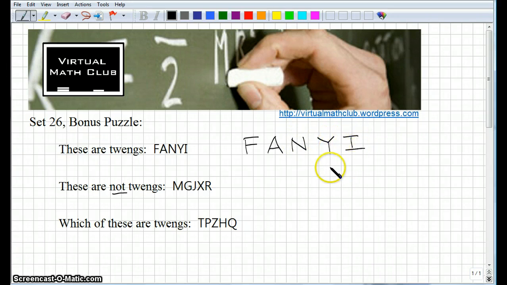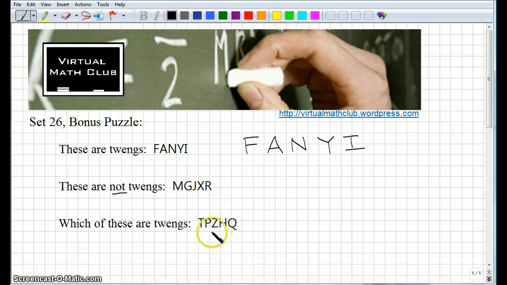All of those letters are constructed with 3 straight lines. None of these letters are. M has 4 straight lines, 1, 2, 3, 4. G has a curved line. J is curved. X is basically the crossing of 2 straight lines. And R has a curve. So none of these are constructed with 3 straight lines.